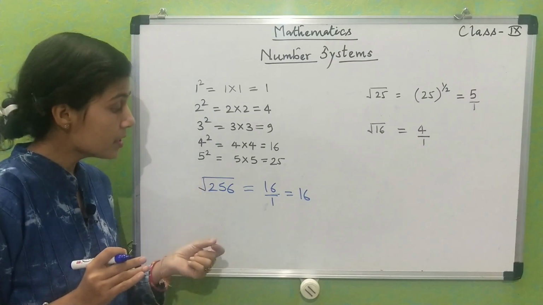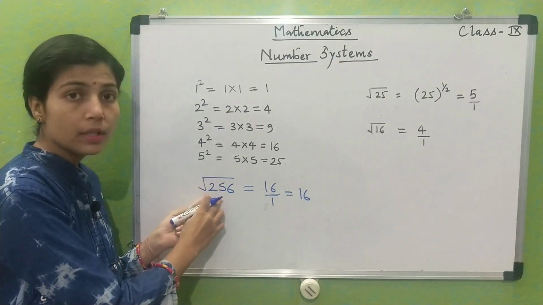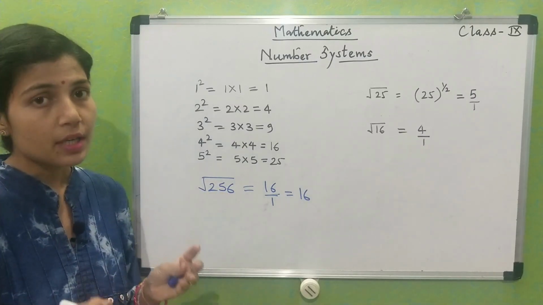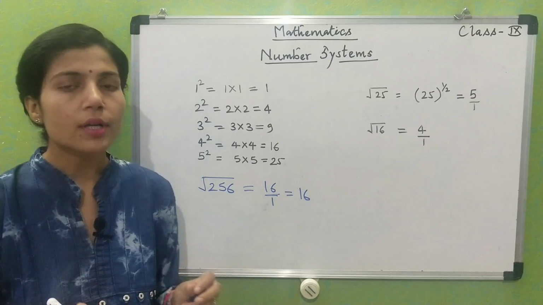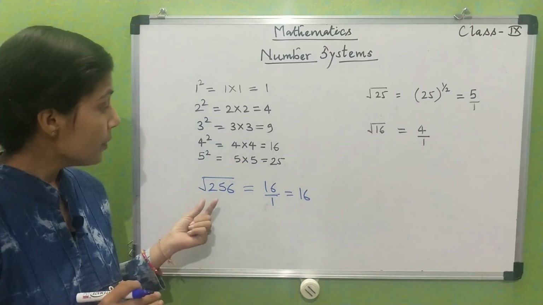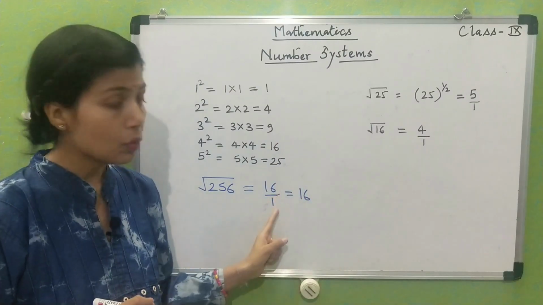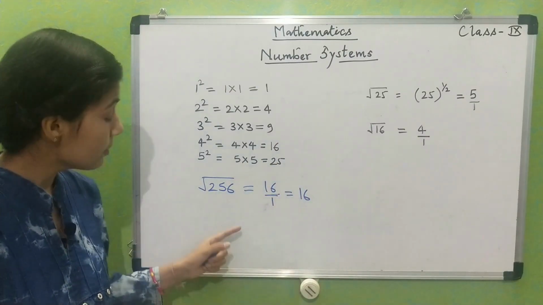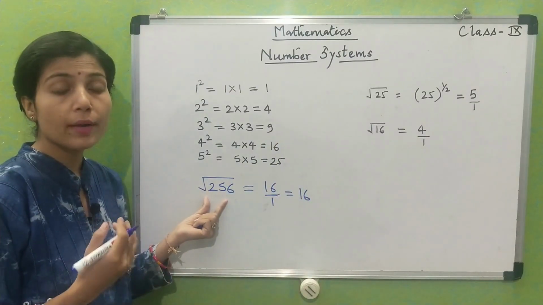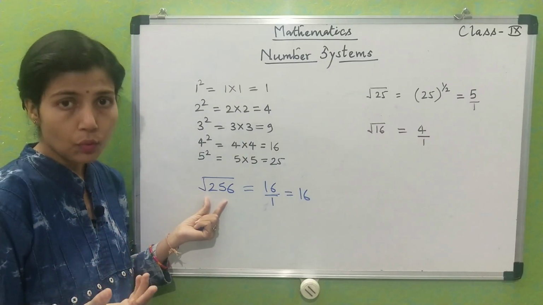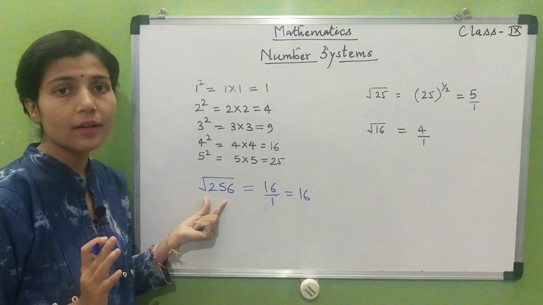The condition is that under the square root the number should be a perfect square. So it is not necessary that a rational number will always be in the form of p upon q. Sometimes it may be in the form of a square root, or in the form of power 1 by 2 of any perfect square number.